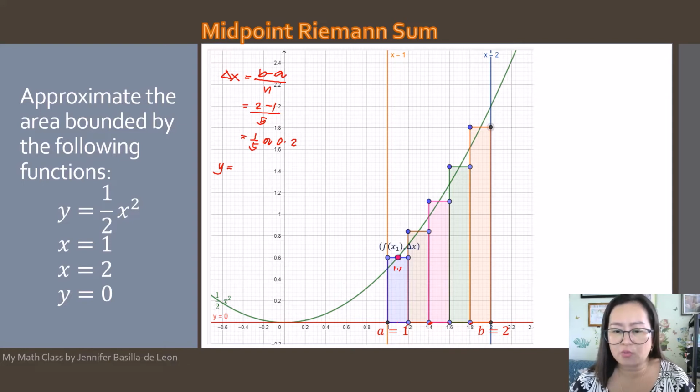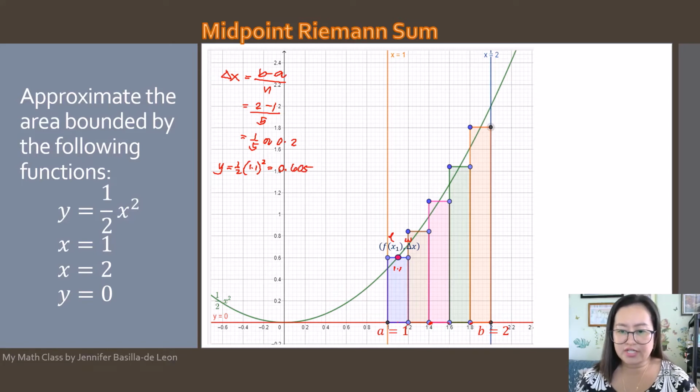Now, just like what we have done previously, we can get the length of these rectangles by evaluating the function 1/2 of x squared. So we shall have 1/2 of 1.1 raised to the second power. So with this, we will have 0.605.